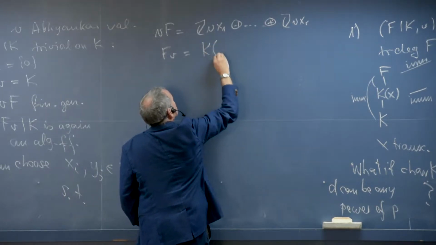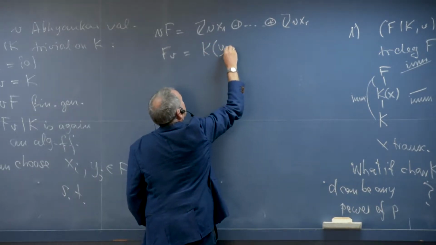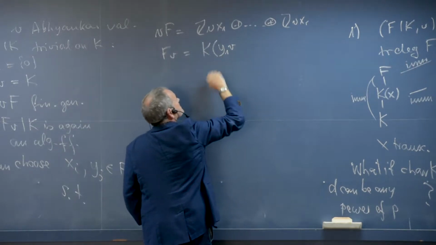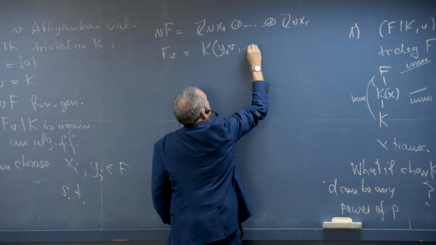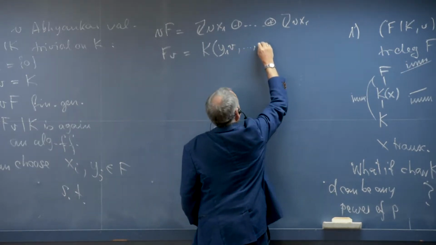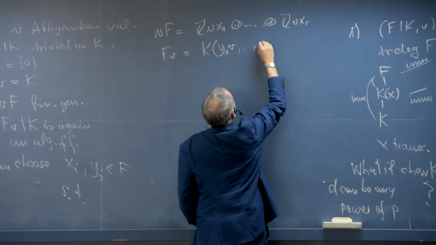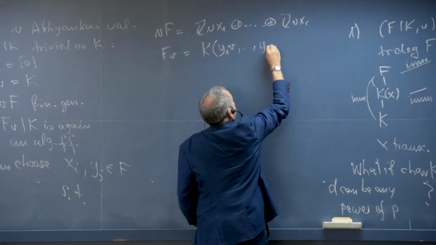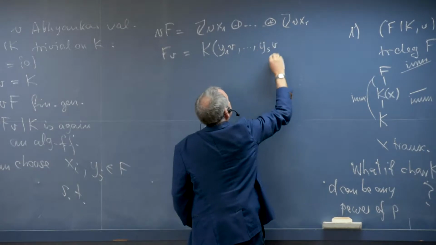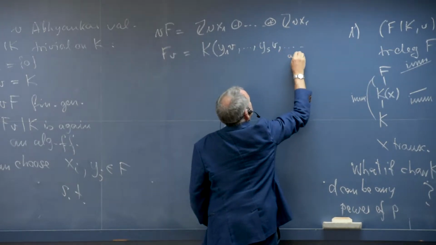So k adjoin y1v, this is the residue of y1, up to ysv, and then something algebraic.